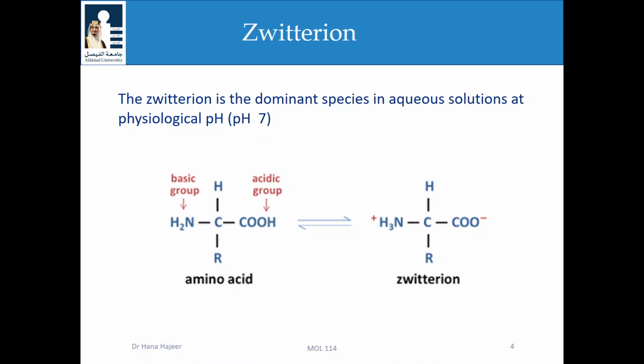The only free group is going to be the R, and that's why we need to know the property of the R, because it will tell us what different charges we have within the protein, and where this amino acid is going to be placed in the protein, whether outside, inside, etc. And what the folding or shape of this protein is. So the folding of the protein will depend on the R.